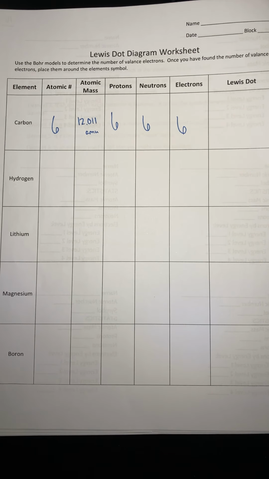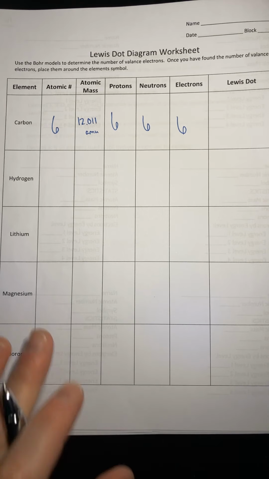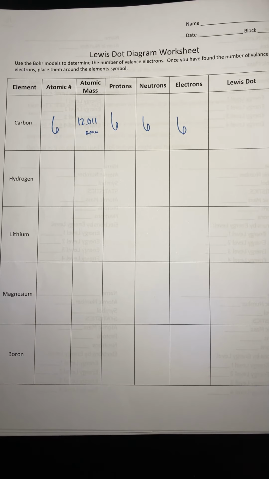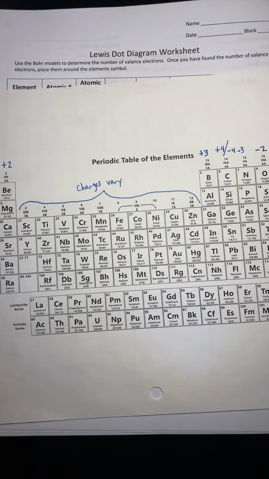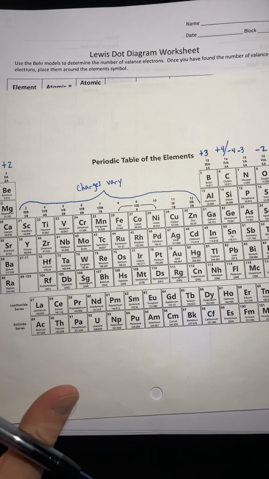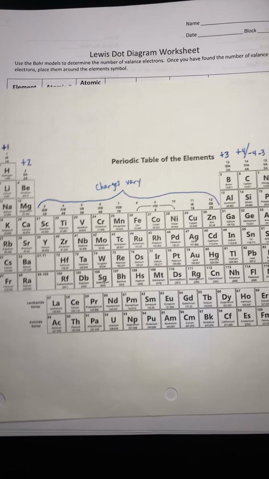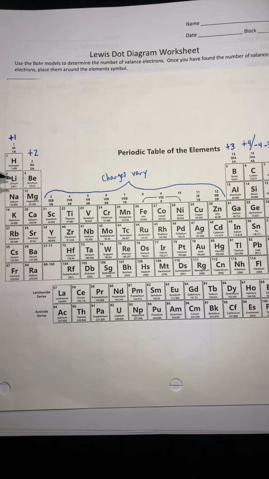All right. Now, this brings us to something new here called a Lewis dot structure. Okay? Now, a Lewis dot structure tells us how many electrons that an atom has in its outer energy level. So look, I'm going to make this real easy for you. Depending on what column it's in, and we're only looking at the tall columns, that tells you how many electrons it has in its outer energy level.